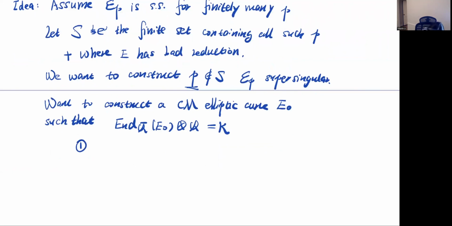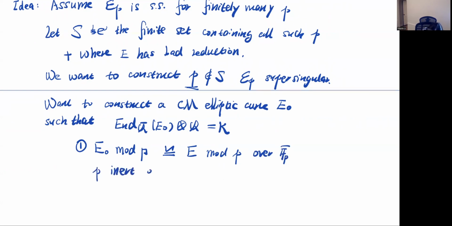So first of all, what we want is we want E naught to reduce mod some prime p, sorry, by p I mean really a prime lying above some p, to be isomorphic to E mod p over F_p bar geometrically, such that p is inert or ramified in K over Q. So K over Q is an imaginary quadratic field extension.